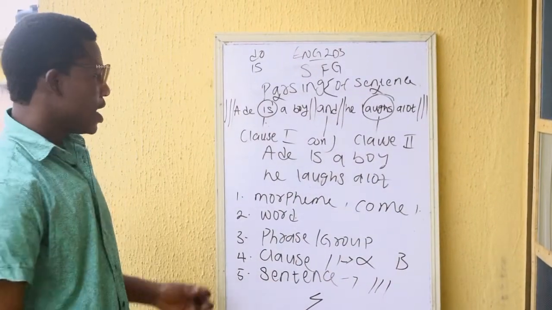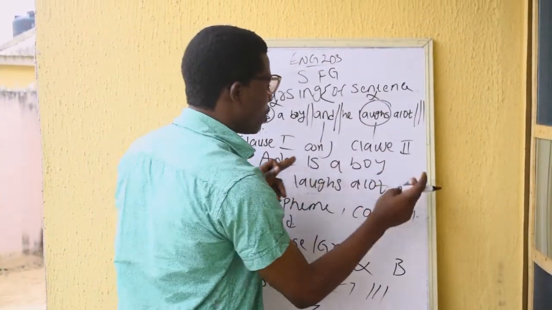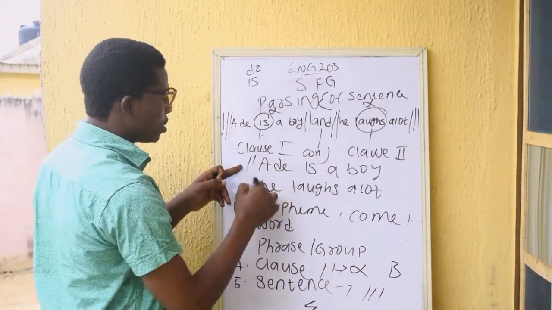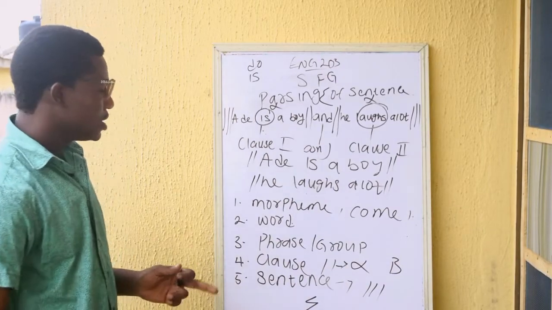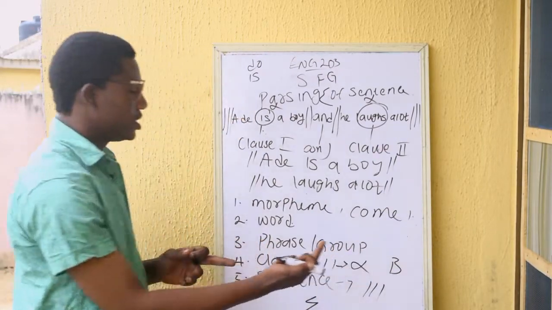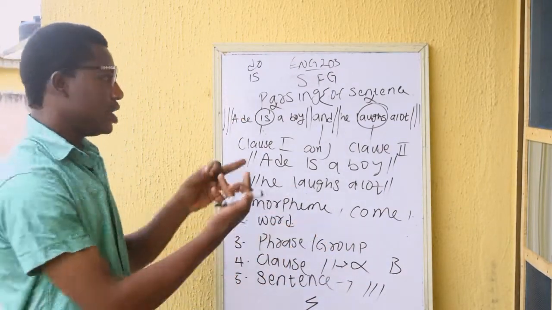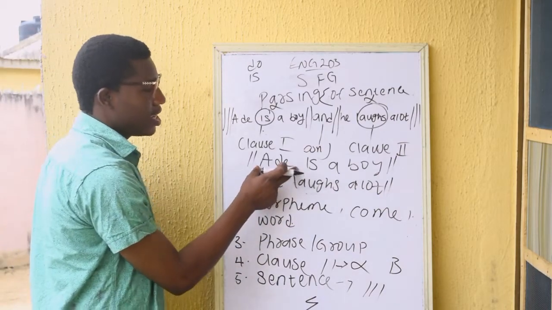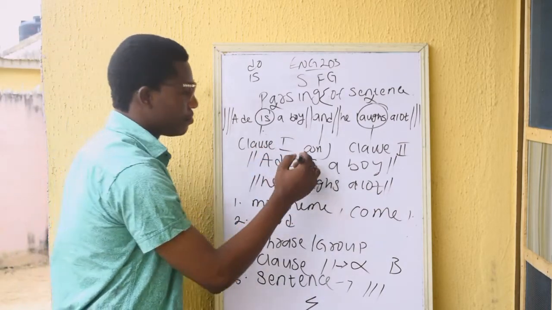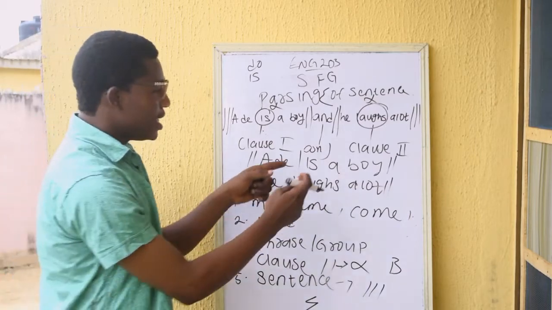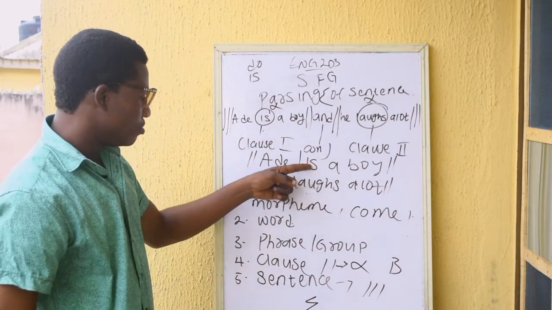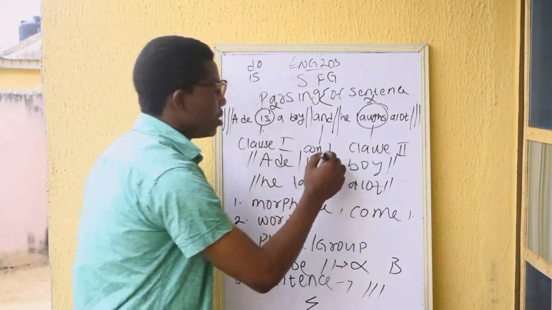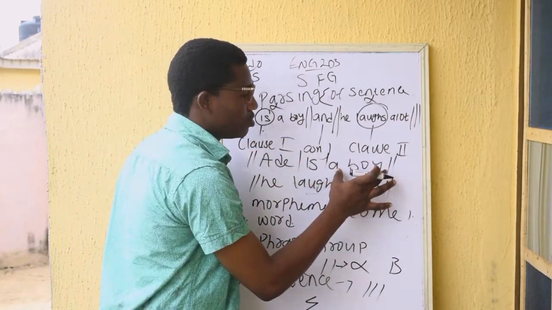This is a clause, and this is a clause. Now I want to divide the phrases in this sentence. "Ade" here is a phrase. We divide it, then this one is divided also.